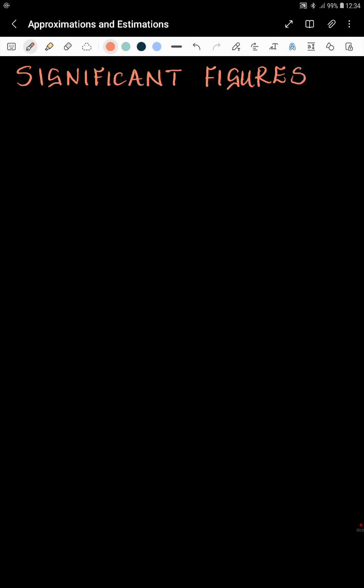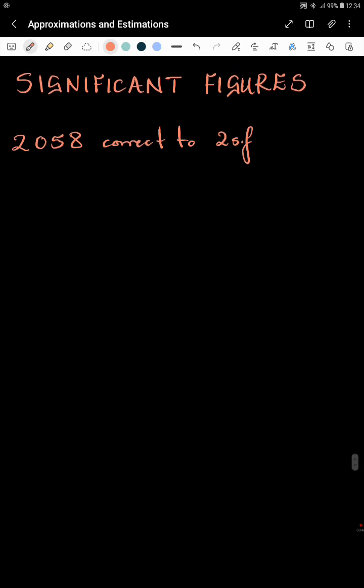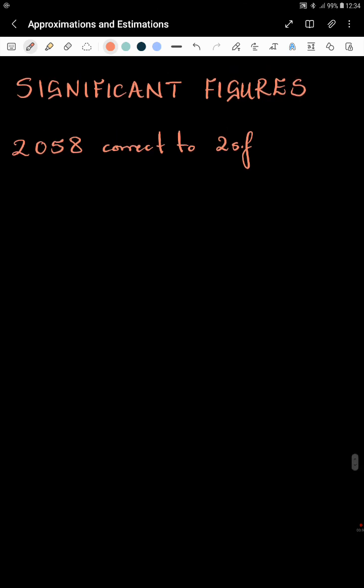So, for example, if I have a number that says 2558 and you're asked to write it correct to two significant figures, this is how you do it. You just count your numbers.